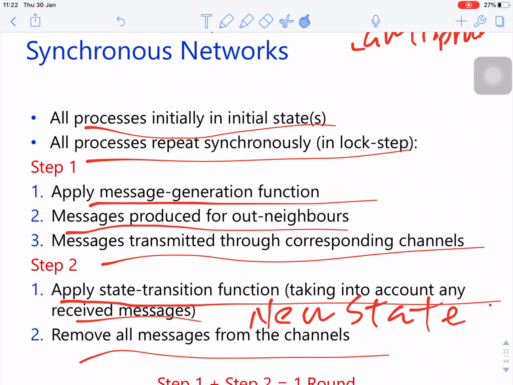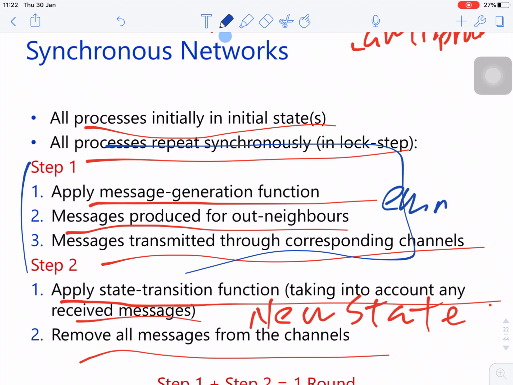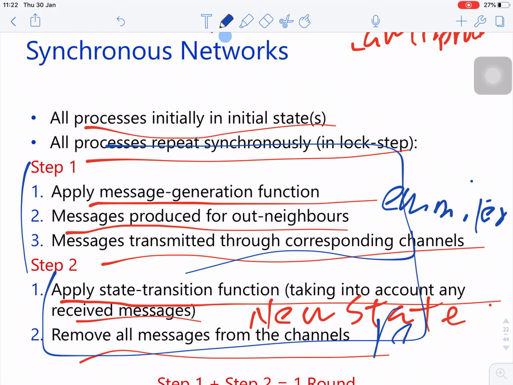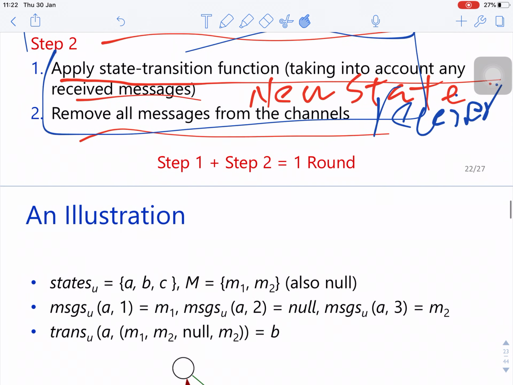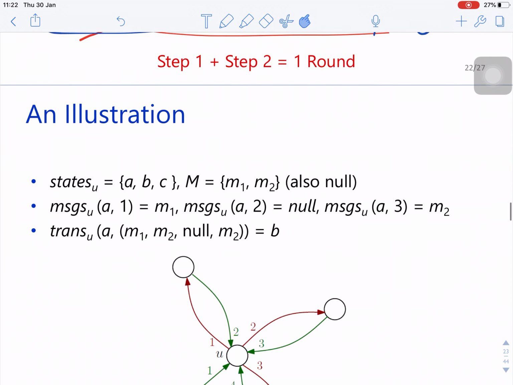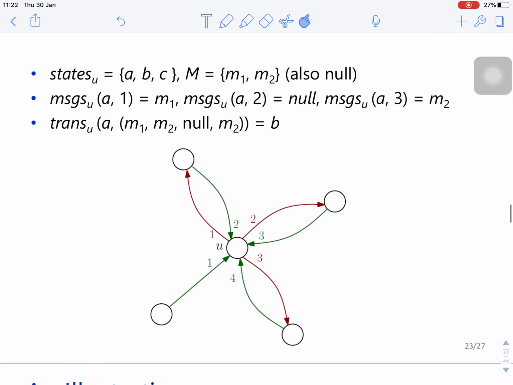I think this one can be assumed to be the emitter, and this one can be seen as the receiver, which means that from the receiver side you apply the state transition function and remove all the messages from the channel. So based on step 1 and step 2, we have one round.